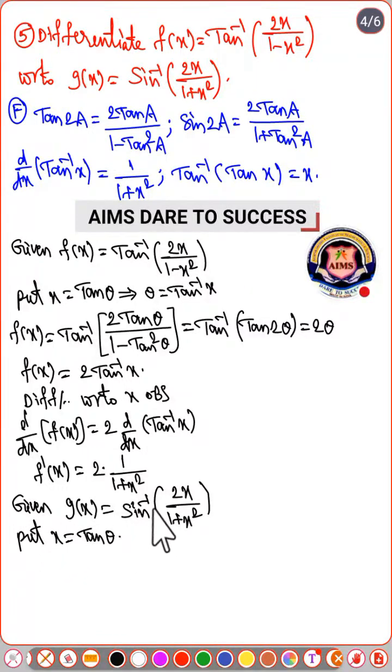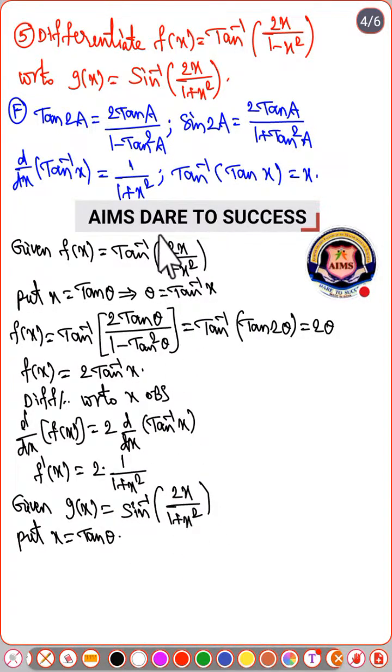You may have one doubt: why are we taking x equal to tan theta in these two functions? Because there is no differentiation formula for functions like tan inverse of 2x by 1 minus x square or sin inverse of 2x by 1 plus x square.